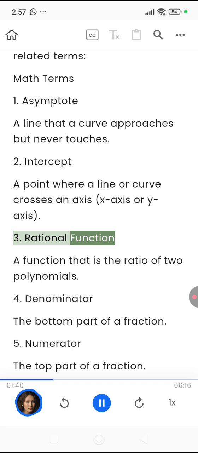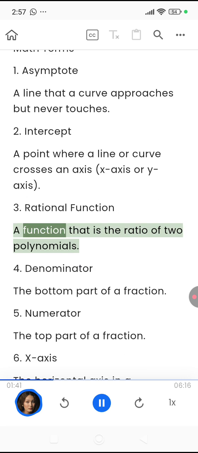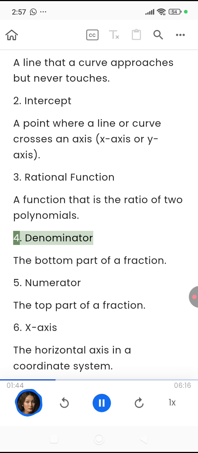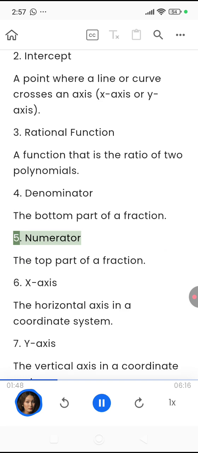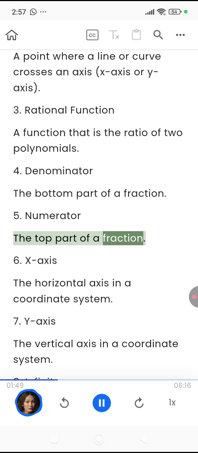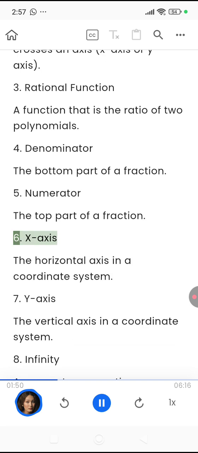3. Rational function. A function that is the ratio of two polynomials. 4. Denominator. The bottom part of a fraction. 5. Numerator. The top part of a fraction. 6. X-axis.